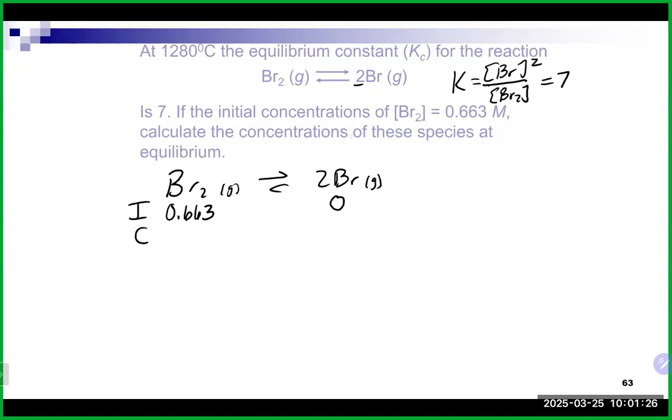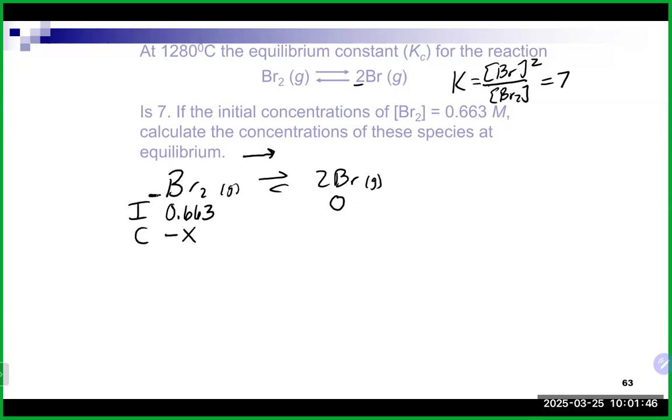Because there are really no products, only reactants, we are forced into the forward direction for this reaction to take place. That means my minuses should be on the reactant side, which 98% of the time they usually are. And this will be minus x.